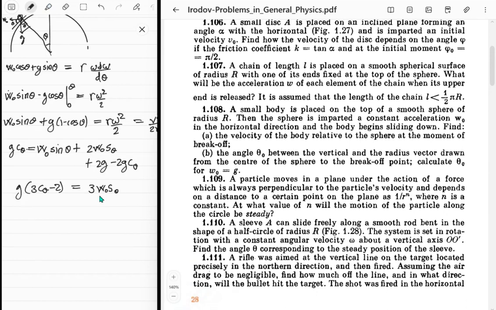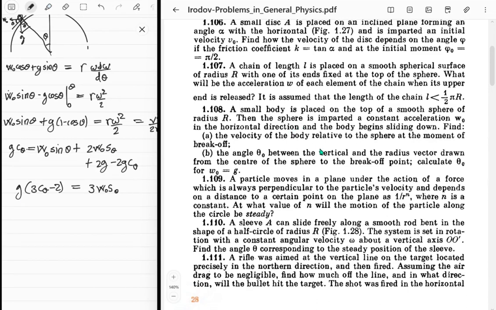Velocity of the body relative to the sphere. Part A is very hard to do. Part B is doable because we just want omega naught equal to g. When that happens, this is very much doable, but not like this. How can I do it like that?